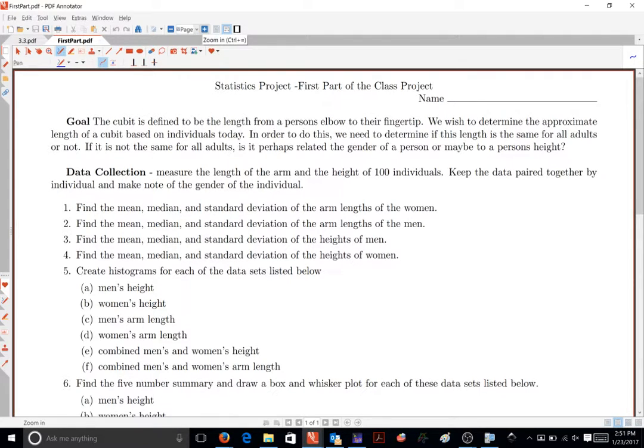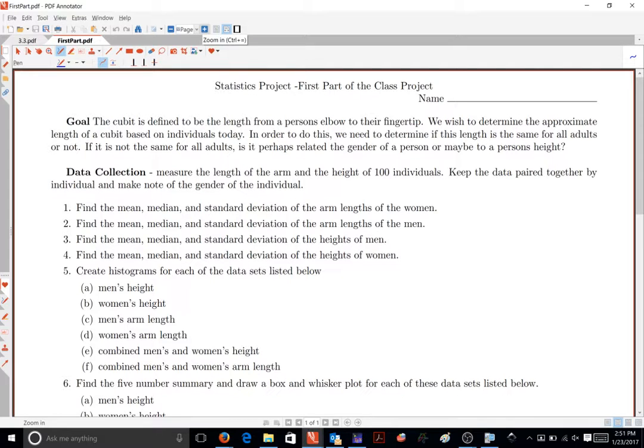Find the mean, median, and standard deviation of the arm lengths of the women. You can do this if you copy all that data onto your own Excel spreadsheet and just use the average and the STDEV, standard deviation.